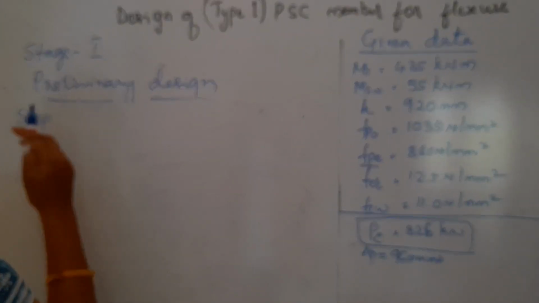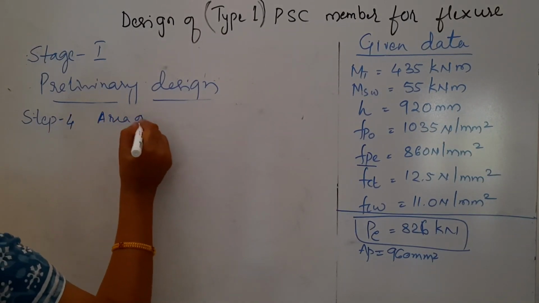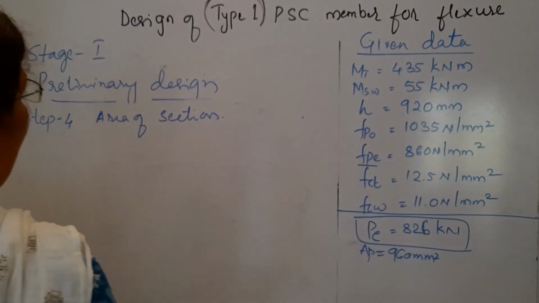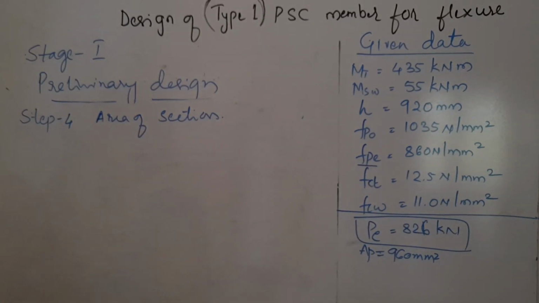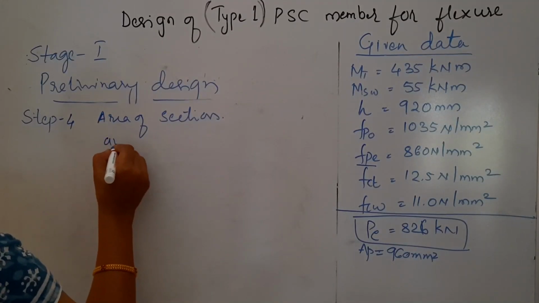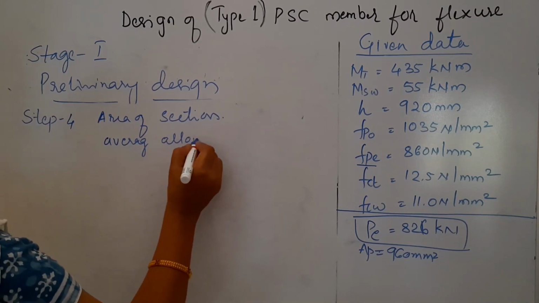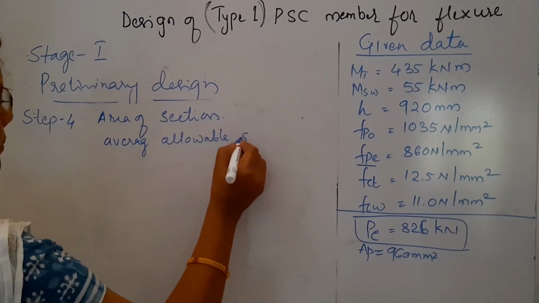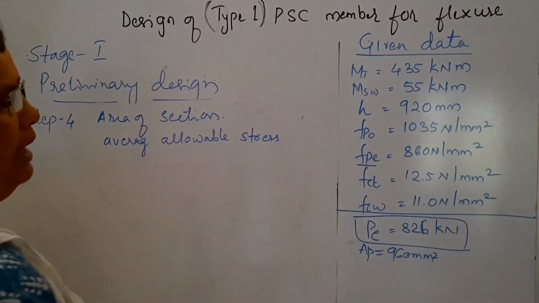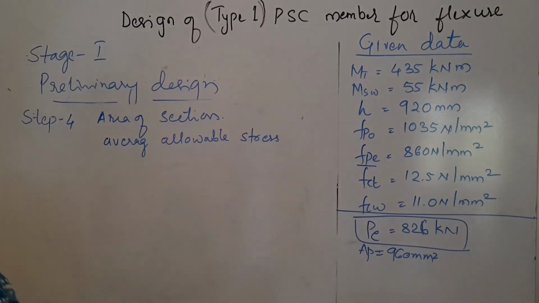That is step 4, area of section required, taking the average allowable stress. There are two, as I told, the temporary higher value will be there at the transfer, and at the working conditions of the service it is 11.